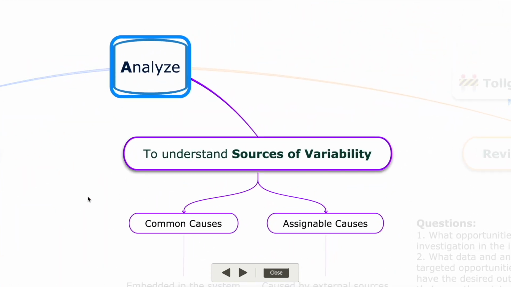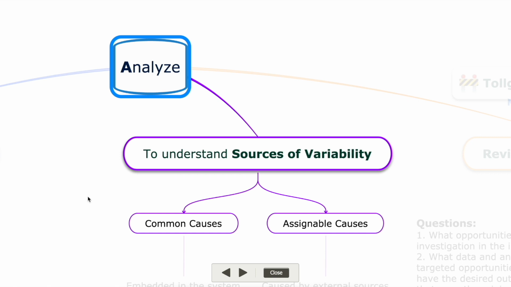So when we go for understanding the sources of variability, there can be two causes which can cause variability in the process. These can be categorized into two types of causes. One is common and the other one is assignable.